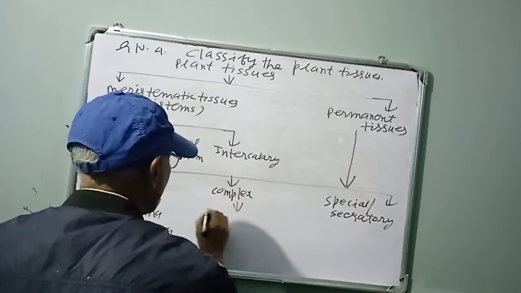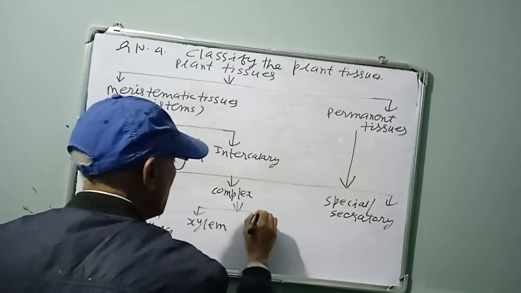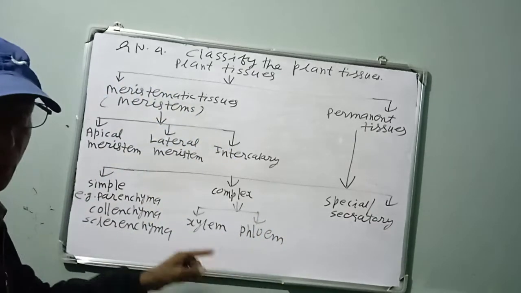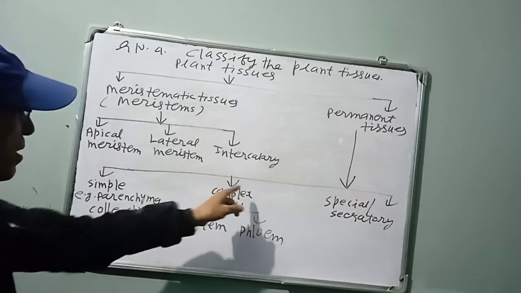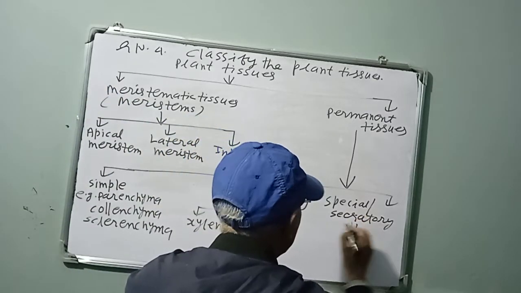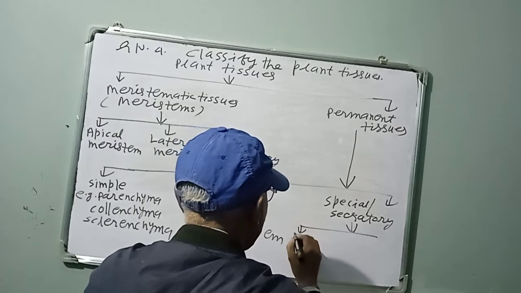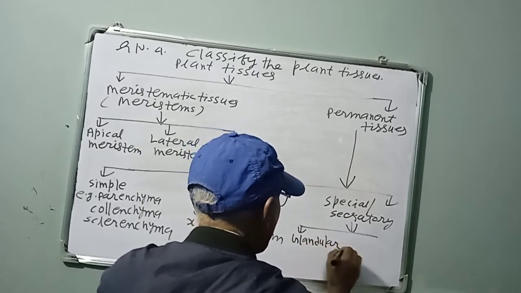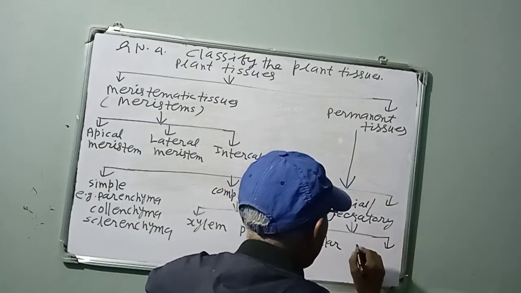Complex, xylem and phloem. Simple: parenchyma, collenchyma, sclerenchyma. Complex: xylem and phloem. Special or secretory. Again, two types. One is glandular. Another is lactiferous.